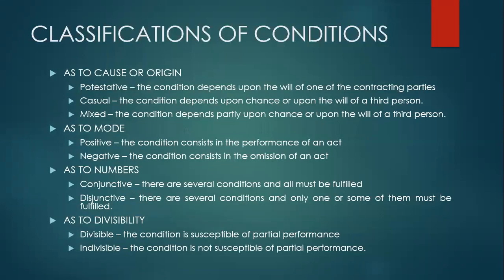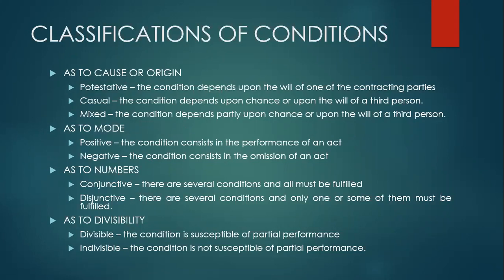As to cause or origin, the condition may be potestative, which means that the condition depends upon the will of one of the contracting parties. It is casual when the condition depends upon chance or upon the will of a third person. It is mixed if the condition depends partly upon chance or upon the will of a third person. As to mode, the condition is positive if it consists in the performance of an act.